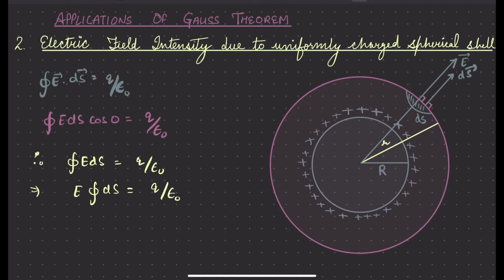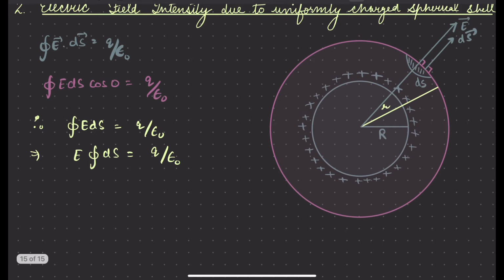Now if we add up all such small areas ds, ds, ds and so on, because we have an infinite number of ds areas, we will come out with a Gaussian sphere of radius small r. So the integral of ds will be the surface area of a sphere, and the surface area of a sphere is given by 4 pi r square.